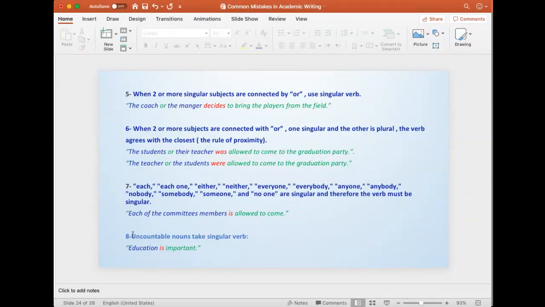And the last thing here, uncountable nouns take a singular verb, like education, for example, money, family, children. All should take the singular verb.